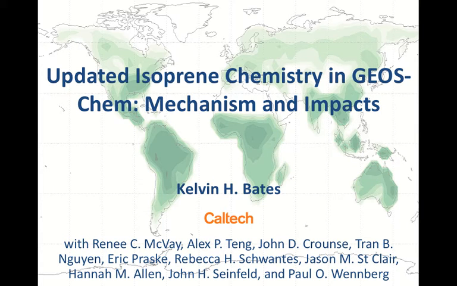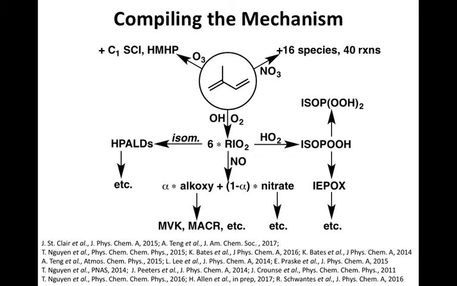Like Paul said, we've spent the last many years compiling this big explicit isoprene oxidation mechanism in an effort to synthesize all the work that we've been doing and other groups have been doing on isoprene over the last decade or so, and come up with a coherent set of recommendations for how to treat this in, say, models.